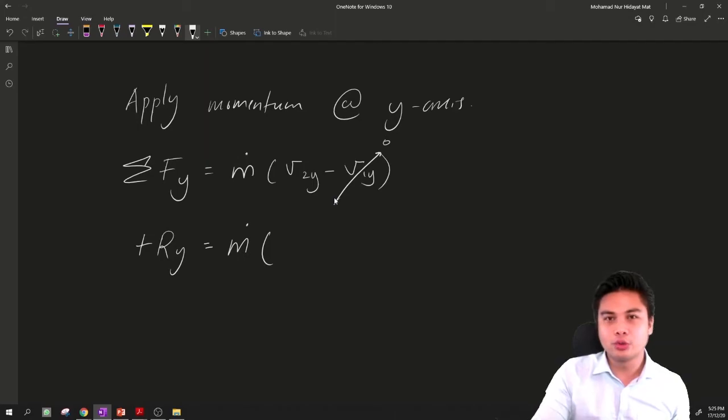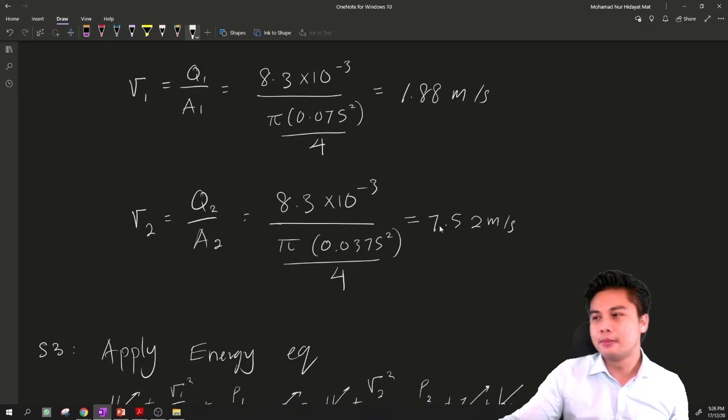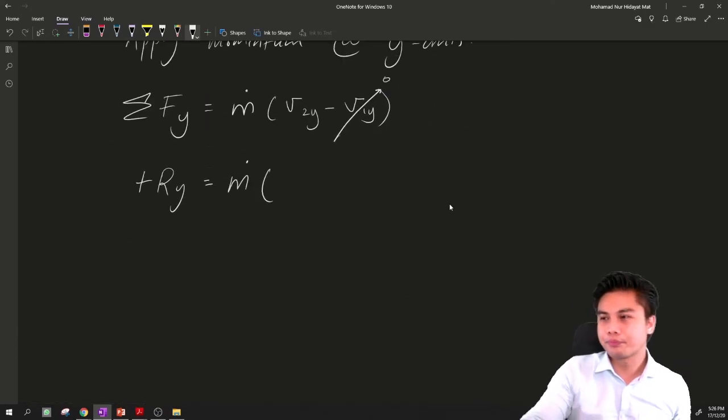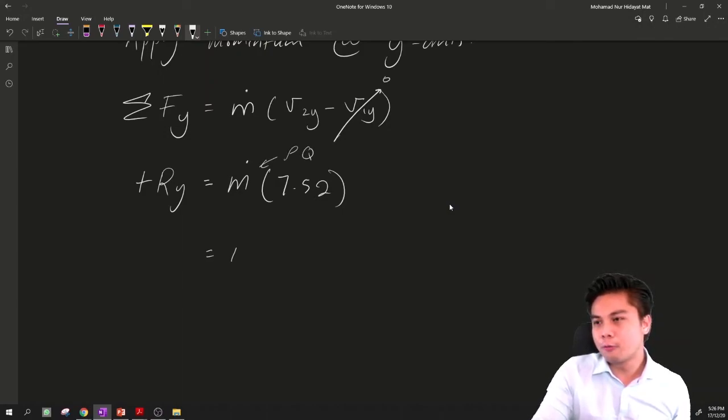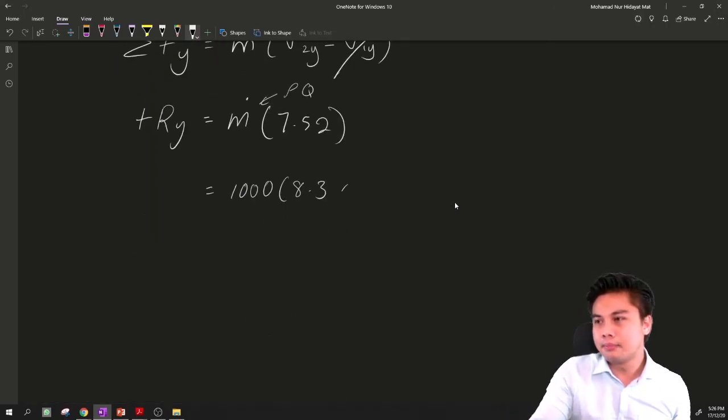V2y is equal to V2, which is 7.52. The mass flow rate is equal to rho Q. Rho of water is 1000, the volume flow rate is 8.3 times 10 to the power of negative 3, multiplied with 7.52.